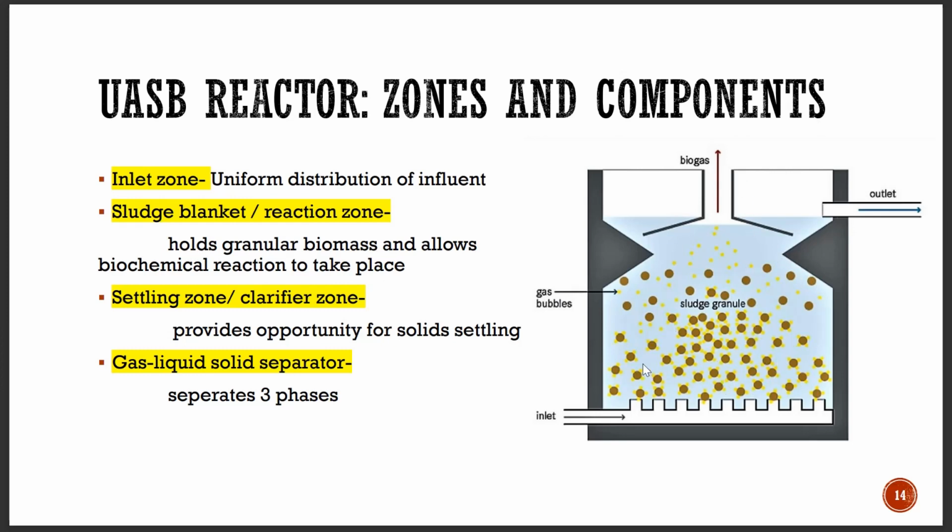The microorganisms that are present in this sludge blanket will actually help to degrade the organic compounds that are present in the water. As a result of this decomposition, biogas is released. That is a mixture of methane and carbon dioxide. So the rising bubbles, since the gases rise to reach the gas collection chamber, will actually allow the whole water and the sludge to mix.